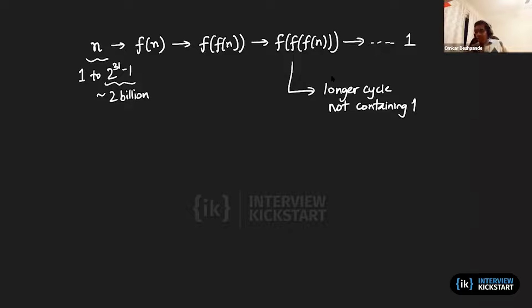If we keep following this process, can we actually go forever along this path? 2 billion means how many digits would there be? 2 times 10 to the power 9, so maybe 9 more digits. 1, 2, 3, 4, 5, 6, 7, 8, 9. Roughly 9 or 10 digits. It doesn't matter how many precisely.